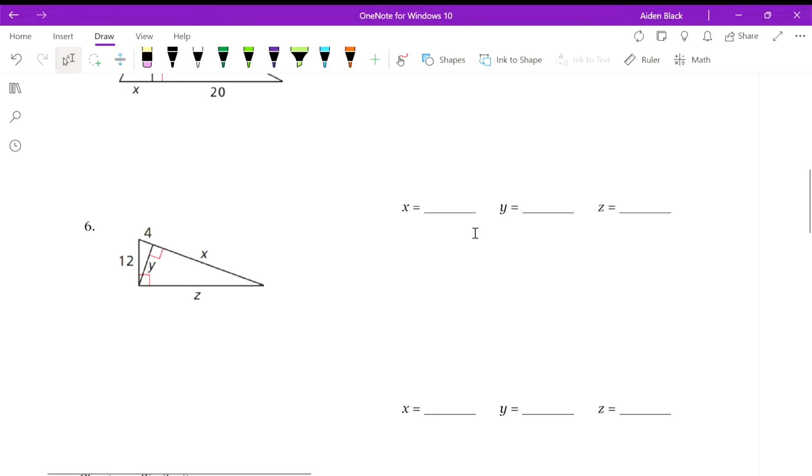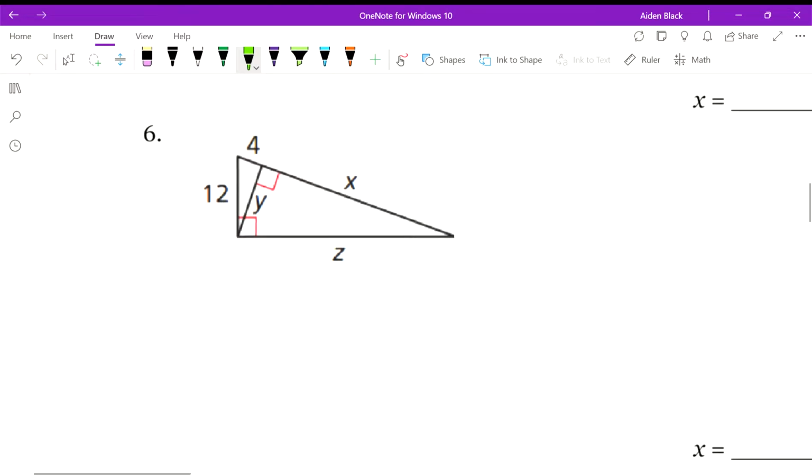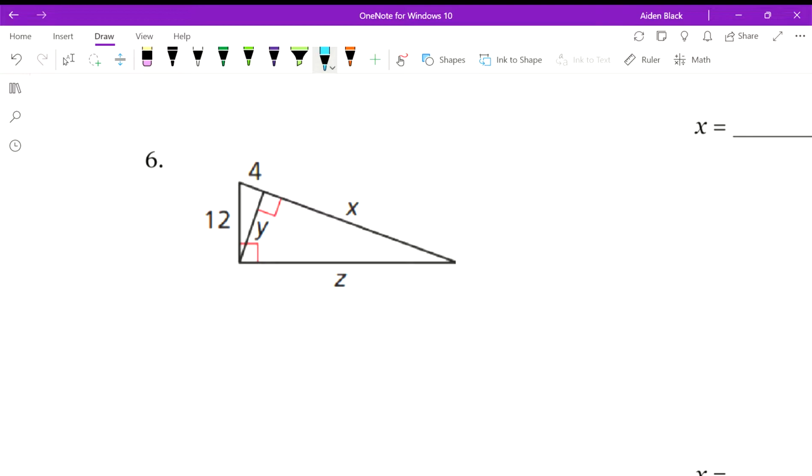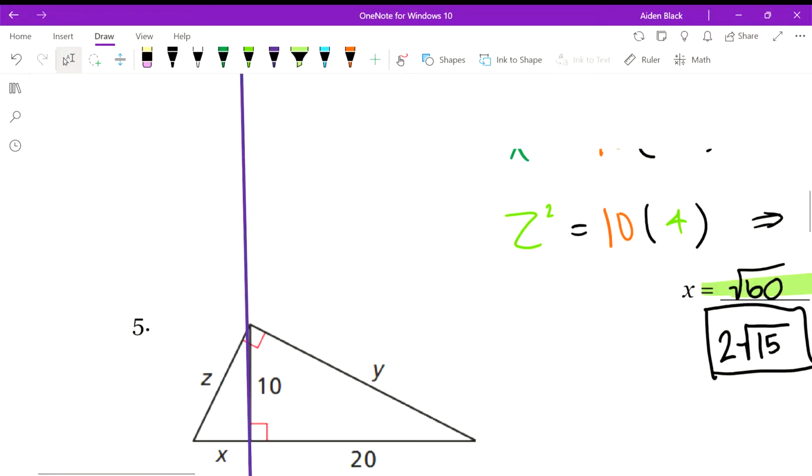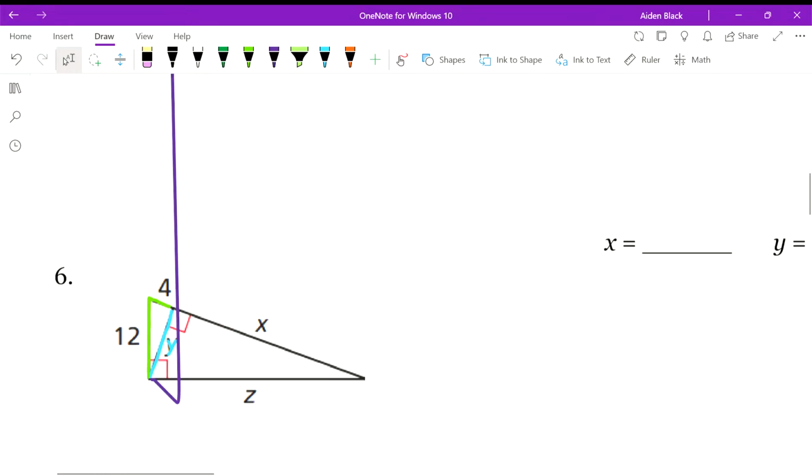Alright, let's look at question 6. I'm going to do the same thing here. I'm going to note what the altitude is. I'm going to look at one of the legs and its corresponding part of the hypotenuse, and then the other one.